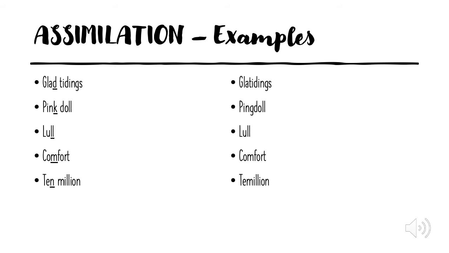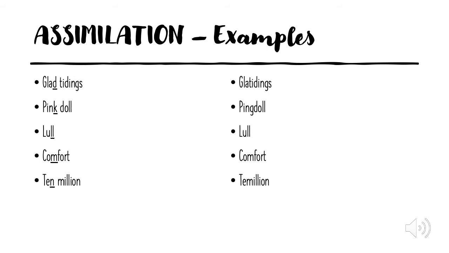Similarly, pink doll. The k of "pink" again undergoes change and it becomes closer to a g sound. Why does that happen? Because of the influence of the d sound that comes closer to it. Now, d is a voiced consonant and k is a voiceless consonant.